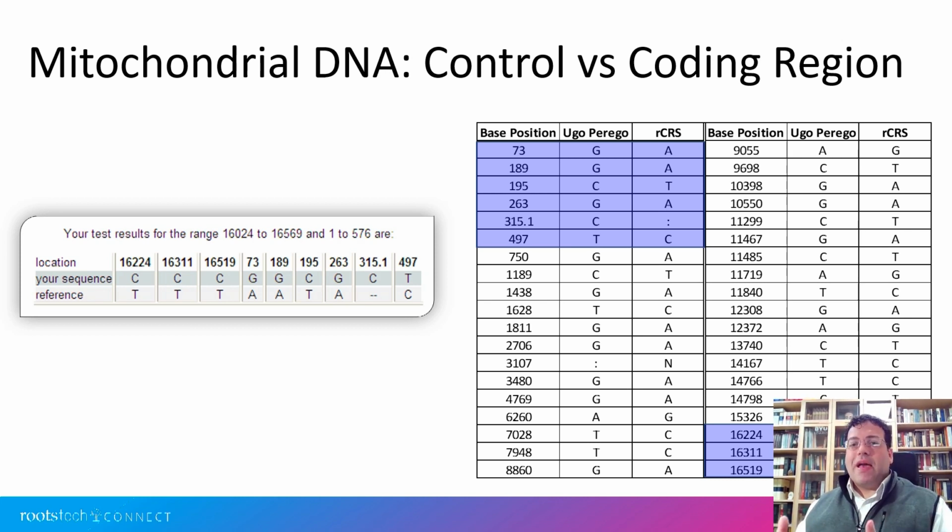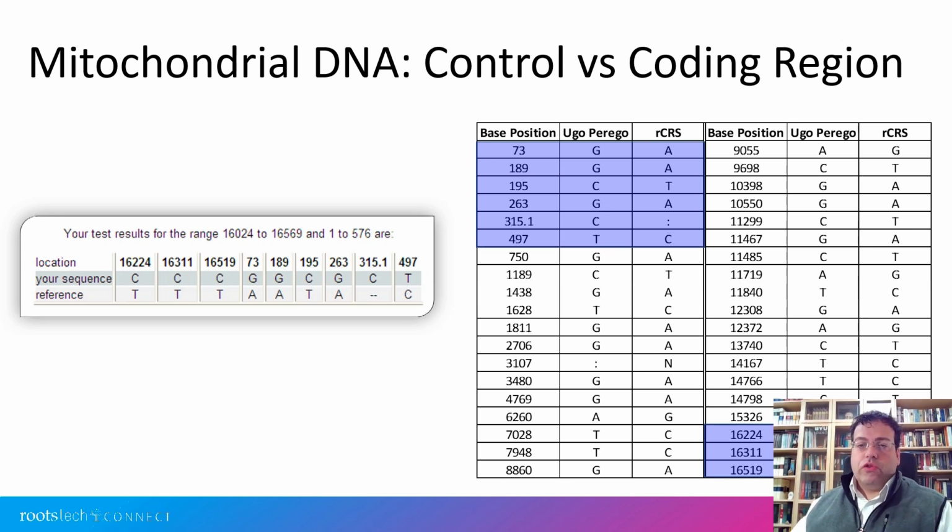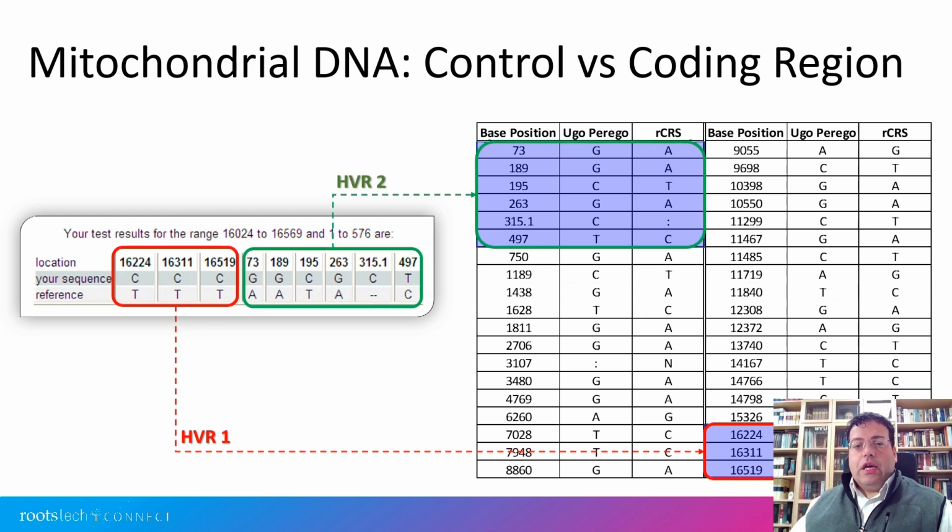So when we compare our mitochondrial DNA to that of others, what we are usually faced with is either a lower resolution or fewer markers, called the hypervariable region or control region, which is the one you see here to your left.